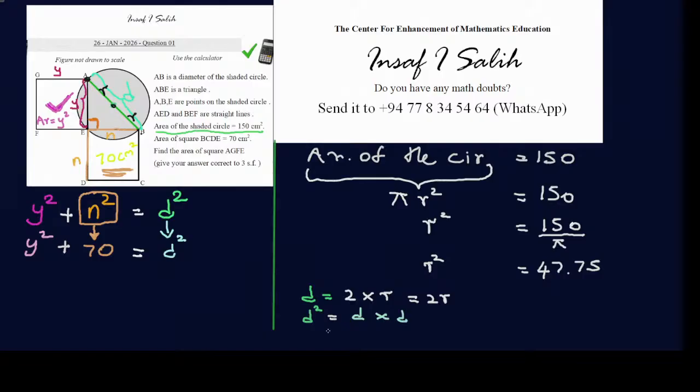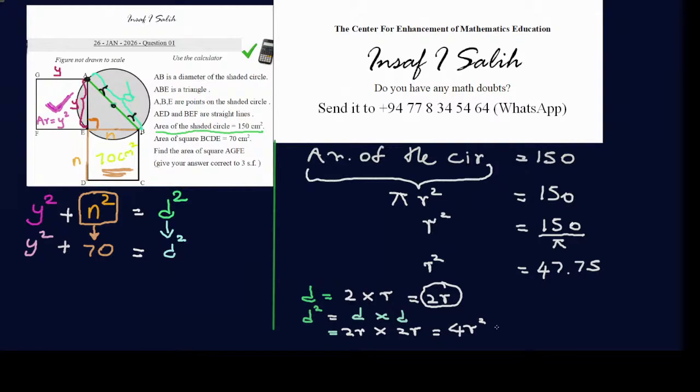What is d? Just a while ago we said d is 2r, 2 times the radius. So 2r multiplied by 2r. 2 times 2 is 4, and r times r is r squared. So d squared is equal to 4r squared.